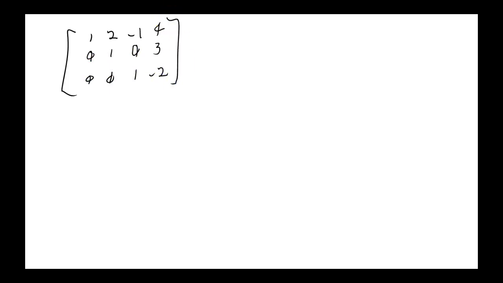Is that in row echelon form? Yes, it is. Find those leading 1s, and everything below a leading 1 is 0. And the leading 1s go left to right as you go top to bottom, and any rows consisting totally of zeros are on the bottom.